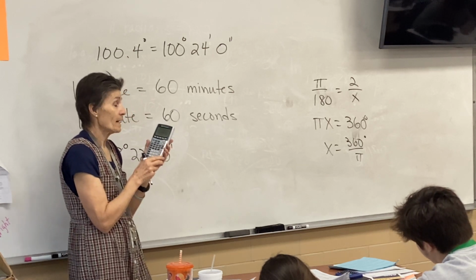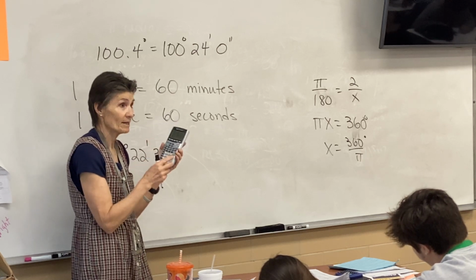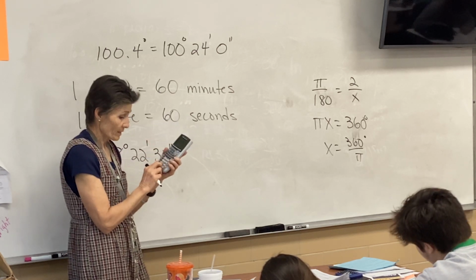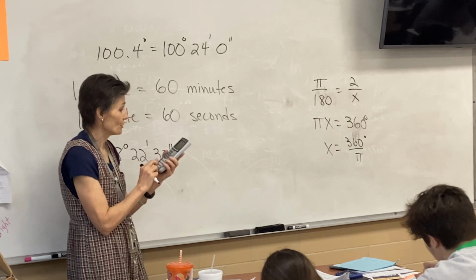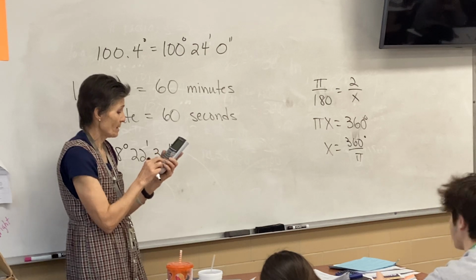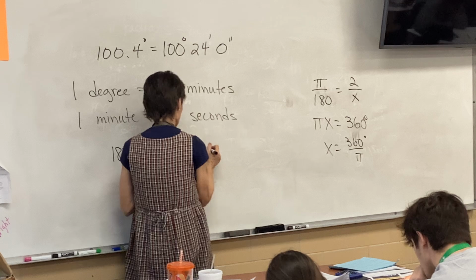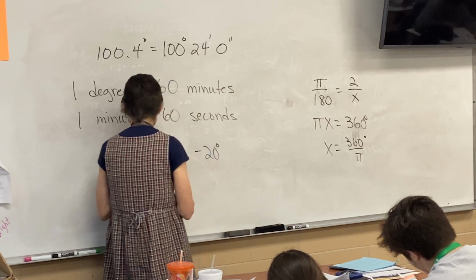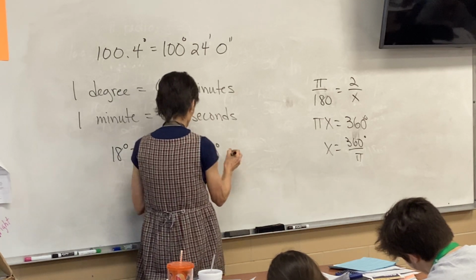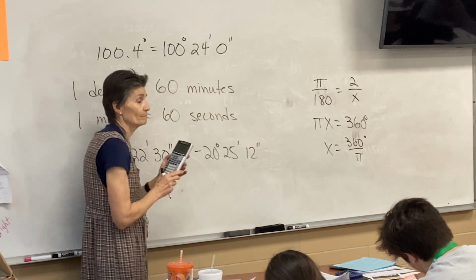And then the last one, and again, the negative doesn't impact anything, you just have to have it. So, negative 20.42, second angle DMS. What did you get for that one? Negative 20 degrees for sure. What did you get? 25 minutes and 12 seconds.